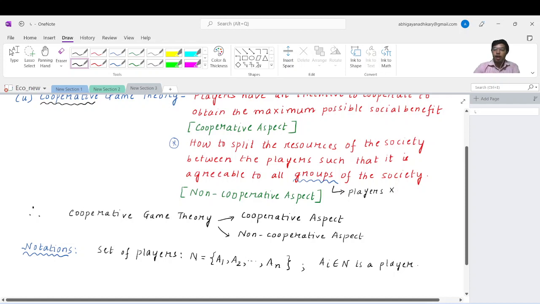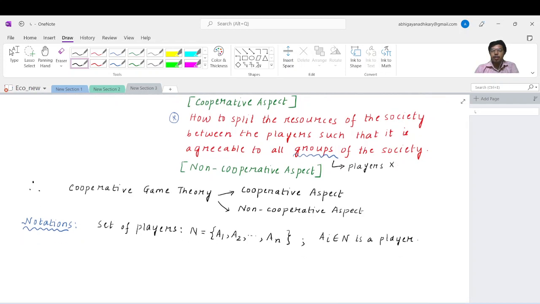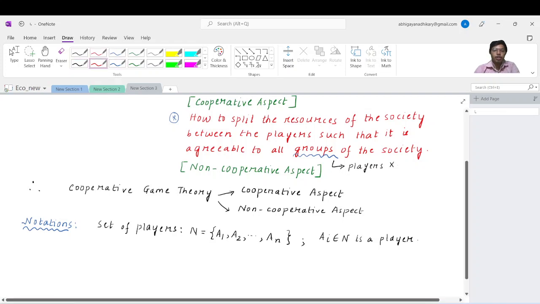Number one. Now, before actually going into the second part, let me have one more notation in hand, which is the definition of a coalition. What essentially does coalition mean?